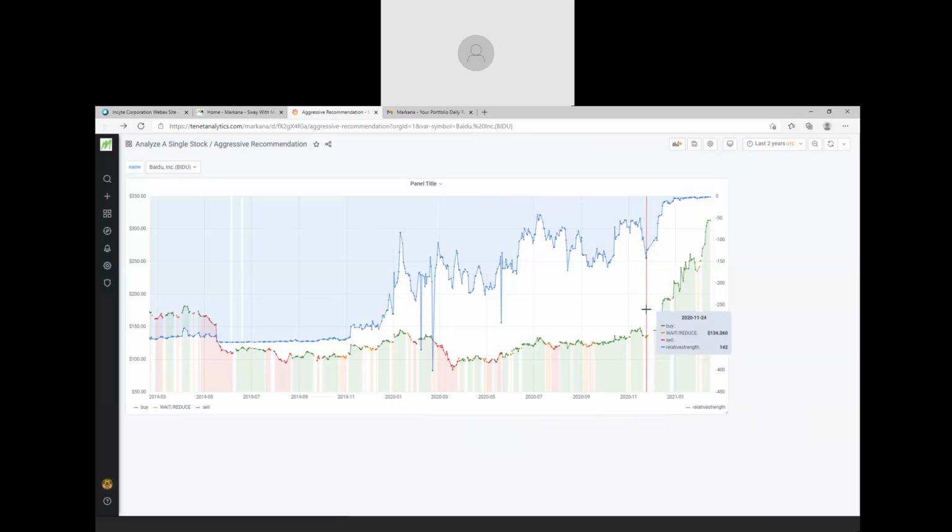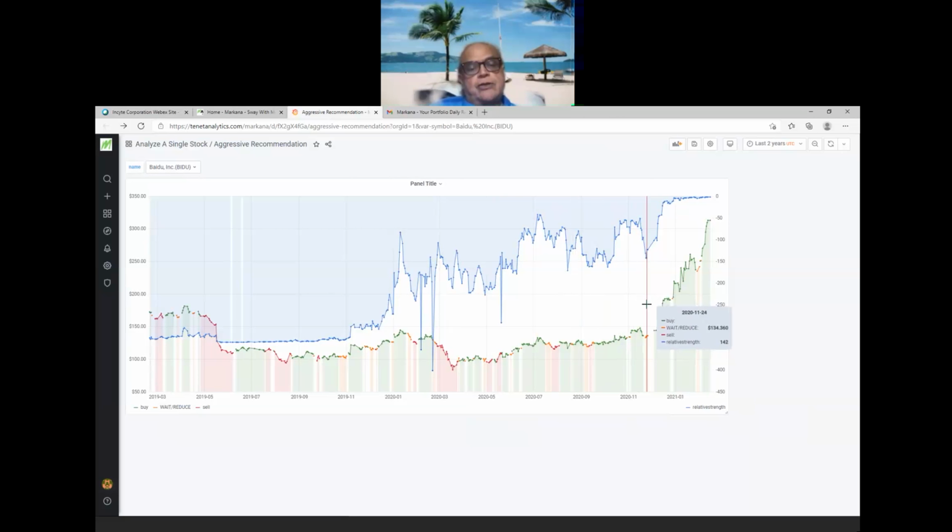What this essentially says is, out of a bunch of stocks that share Baidu's characteristics, this stock ranked at 142 overall. It gives you an indication of where the stock ranks among its peers, and you can make a judgment call whether this is an indicator to get in or not.